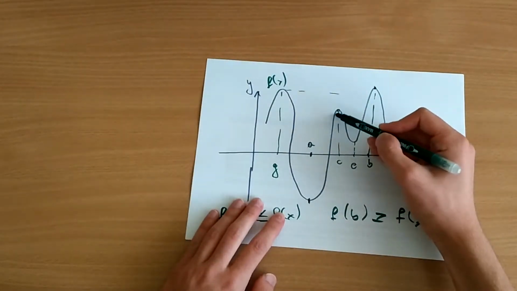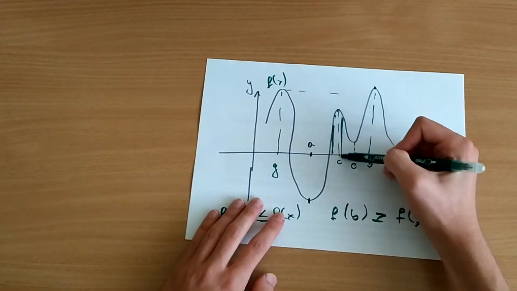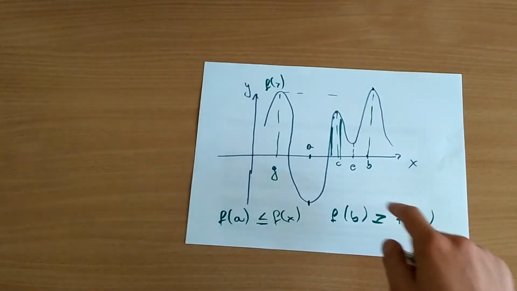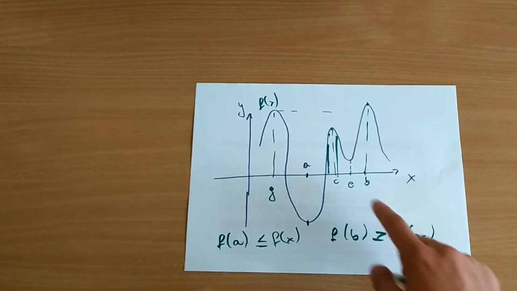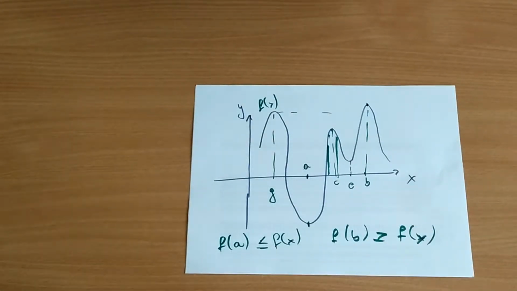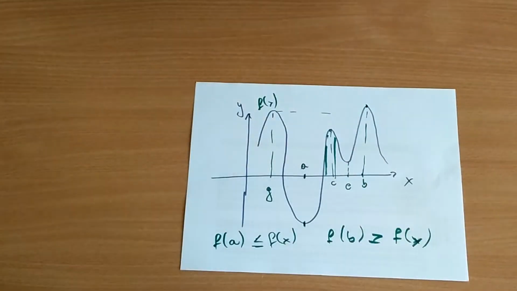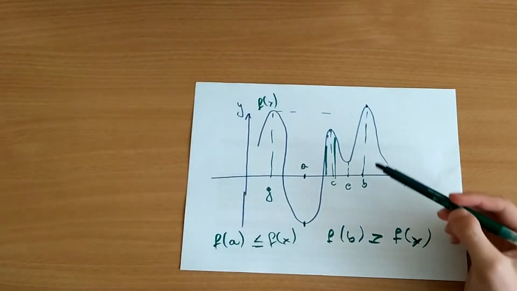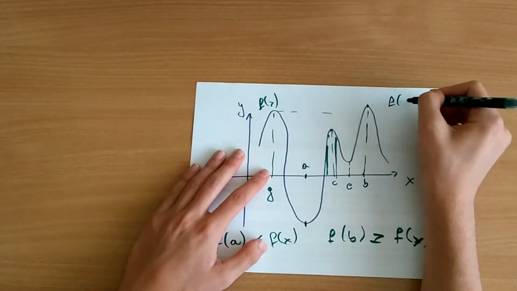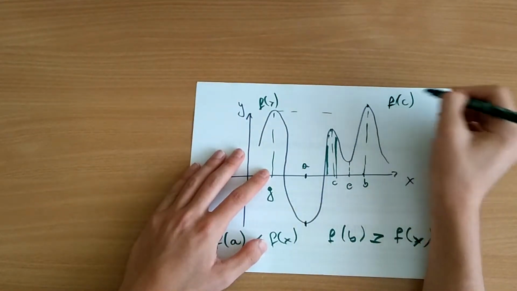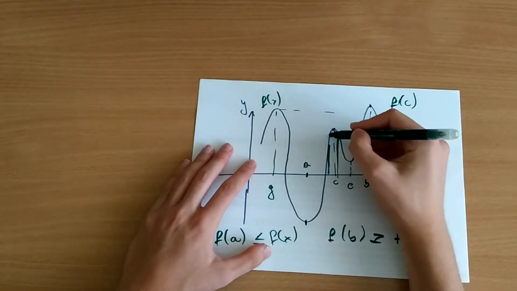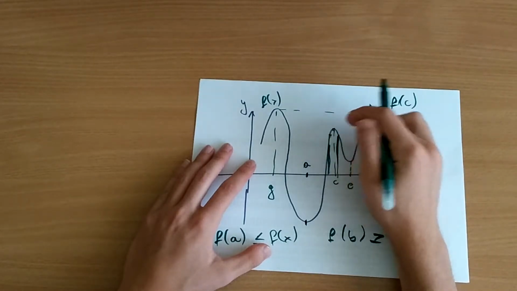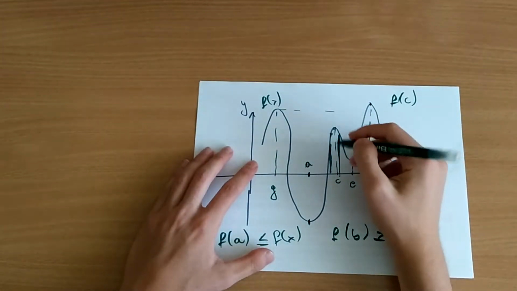Now we have a certain domain that's near the value C. We can say that C is a local maximum point, where the value of f of C is bigger than any other value in that domain, and that domain would be for values very near to the value of C.